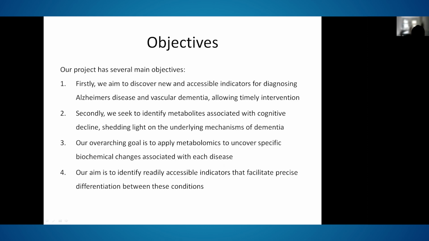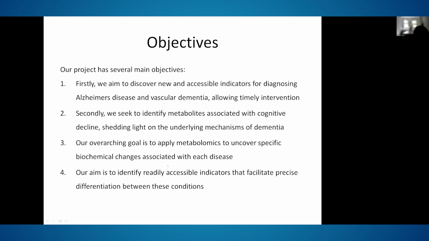Our project has several main objectives. Firstly, we aim to discover new and accessible indicators for diagnosing Alzheimer's disease and vascular dementia, allowing timely intervention. Secondly, we seek to identify metabolites associated with cognitive decline, shedding light on the underlying mechanisms of dementia.